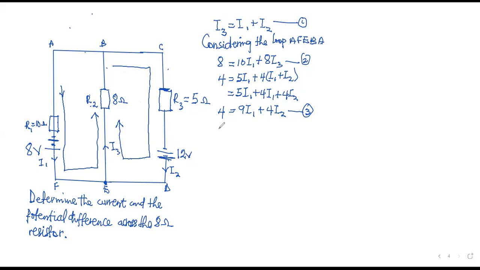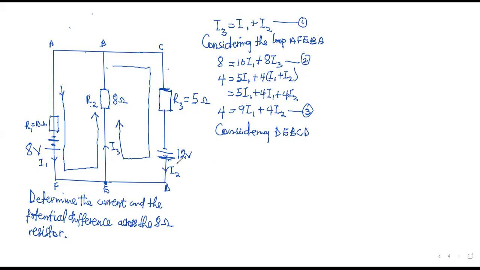So considering the loop, once I'm going clockwise, I can go D, E, B, C, D, or B, C, D. The most important thing is that we move clockwise.